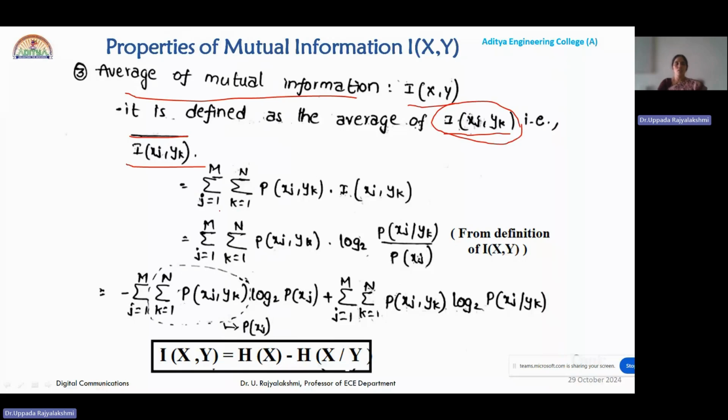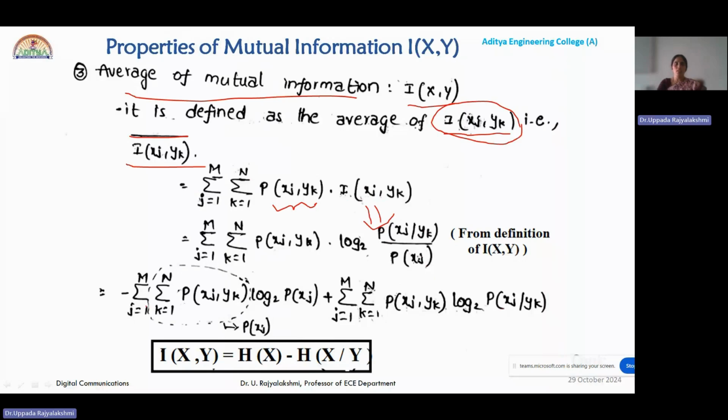So summation j series and k series p of xj comma yk. We are considering it with respect to its property into I of xj comma yk. So you can write I of xj comma yk from the property 1 as log p of xj by yk by p of xj. So split this, log b by a into minus log a plus log b.